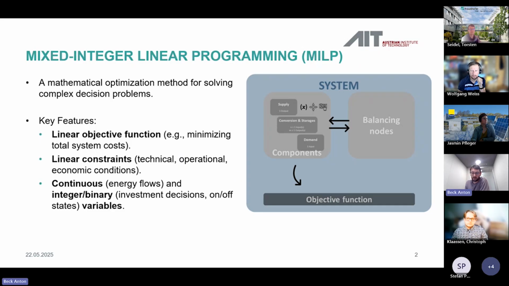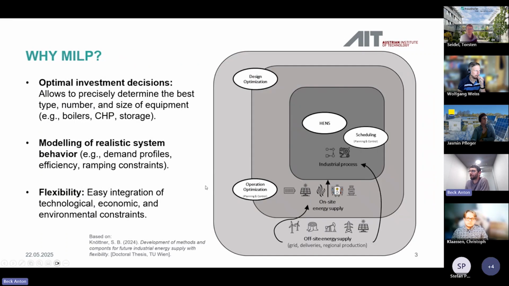So the binary variables are usually for these discrete decisions, whether a unit is integrated into the system or it is turned on, and some operational characteristics like minimal part load and such can be modeled using those variables. And why are we using MILP? Well, it offers a lot of flexibility.